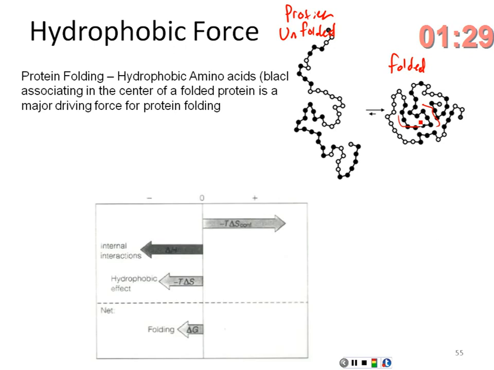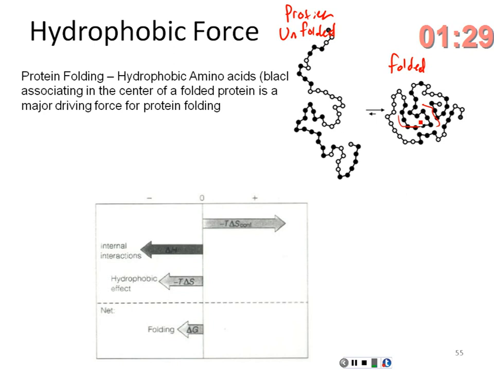Now, when we look at the thermodynamics of this step, what would the entropy change be if we go from unfolded to folded? You're going from more degrees of freedom in that unfolded linear chain to fewer degrees of freedom in the folded protein. It's more ordered.